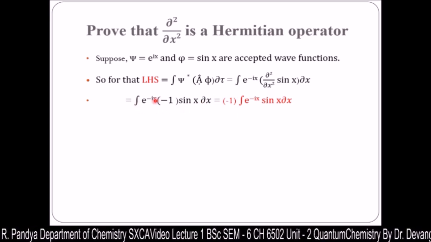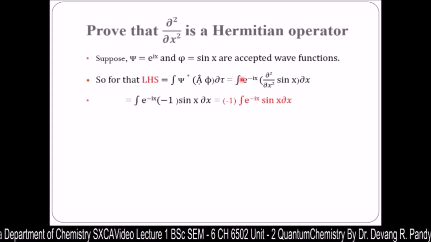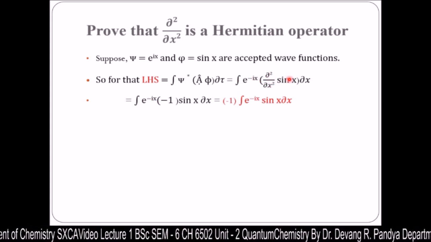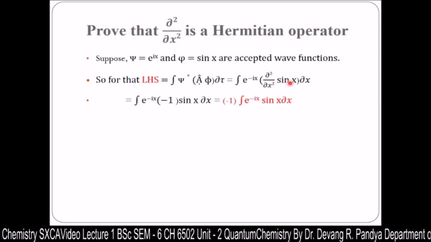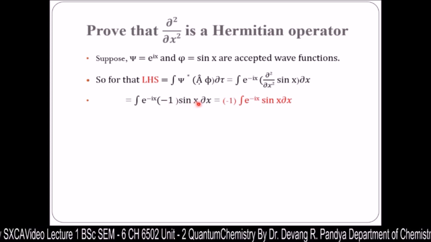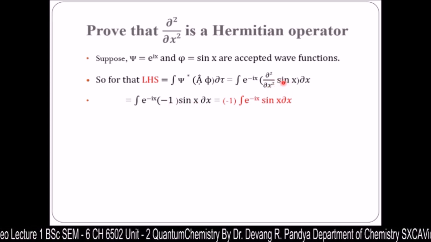So let's get that value. Integration of exponential minus ix, and when we apply the operator d square by dx square on sin x, we get minus 1 sin x, because it has an eigenfunction eigenvalue kind of relation.